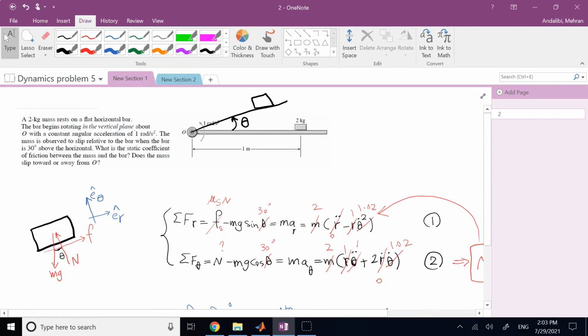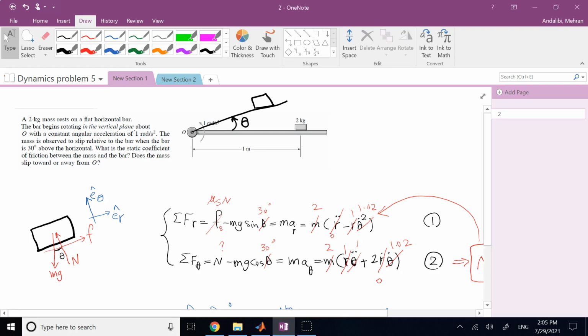Now, if I want to answer part 2, where it is asking whether the block is going to slide down or slide up, away from the origin, it's better to look at this problem with parameters and without numbers. At least for f, we replace it with mu s N, and N we find from the bottom equation, which was mg cosine theta plus m r theta double dot.